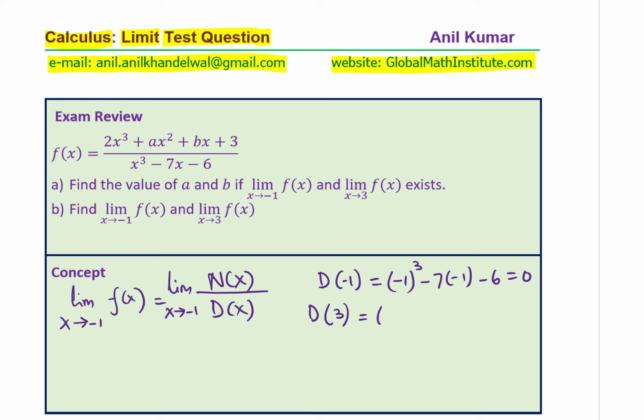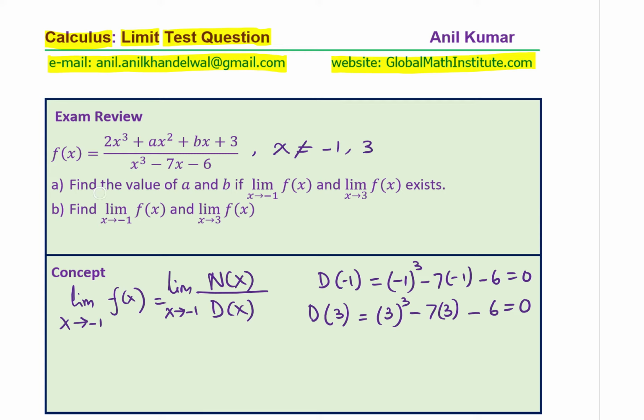If I substitute 3 here, then 3 cubed minus 7 times 3 minus 6 is also equal to 0, right? 3 cubed is 27, minus 21 and minus 6 gives 0. So basically, we have a restriction here that x is not equal to minus 1 and 3. That is the restriction on the given function.